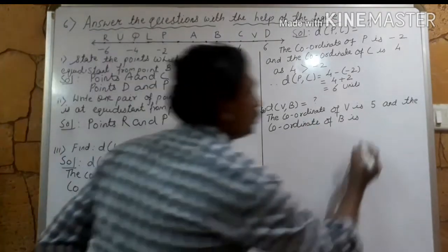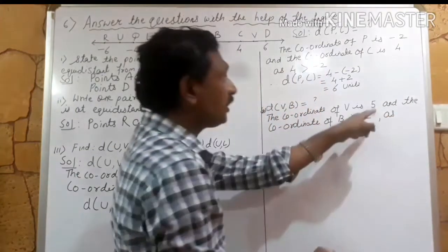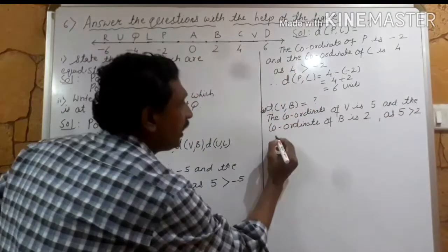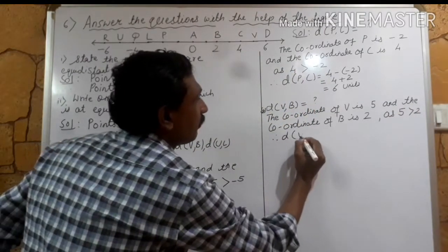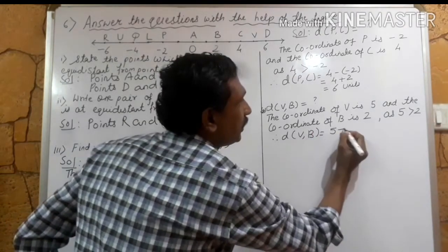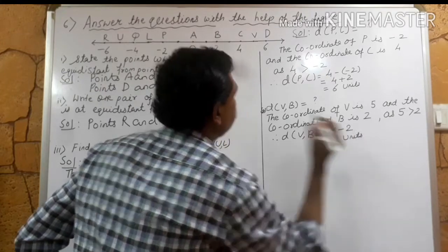What is the coordinate of B? 2. Which is greater? 5 is greater than 2. Therefore, distance VB is equal to 5 minus 2, which is equal to 3 units.